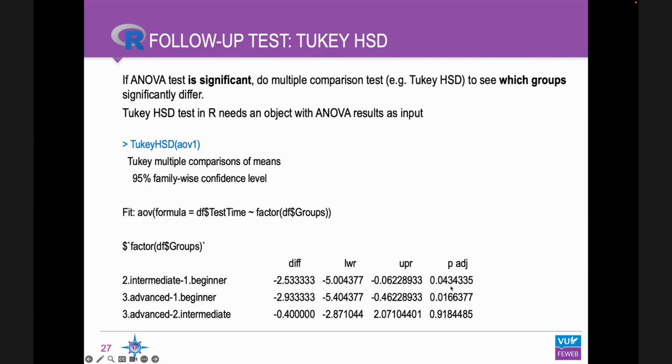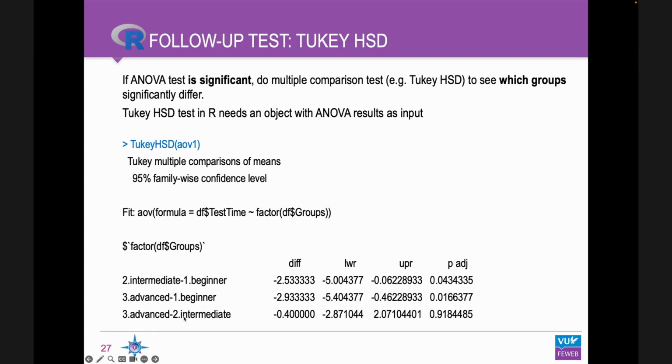And this is significant. The second one is for advanced versus beginner. This is again significant and negative, the difference between advanced and beginner is minus 2.9, meaning that it took beginners 2.9, I think it was minutes, more than advanced people, the people who follow the advanced course.